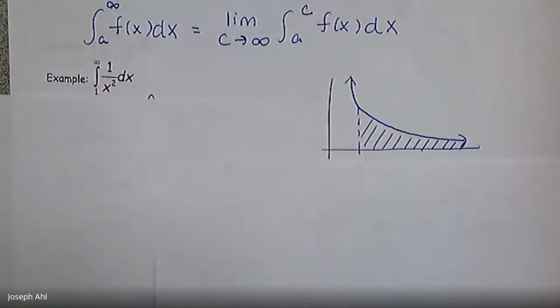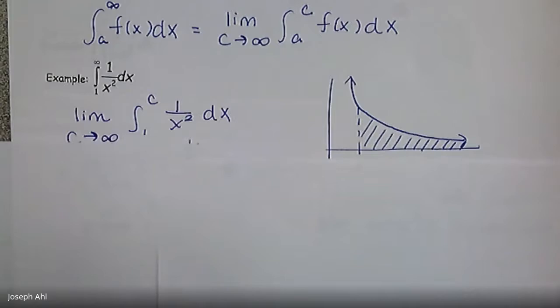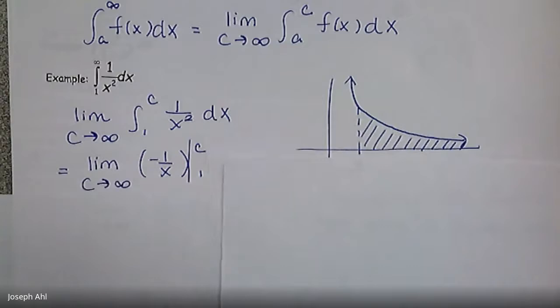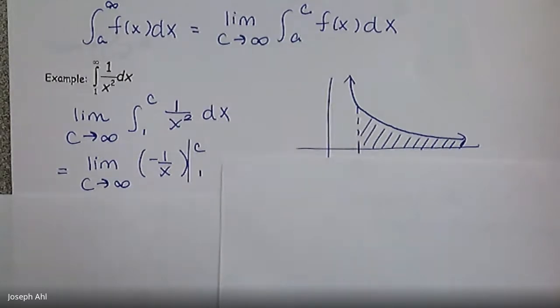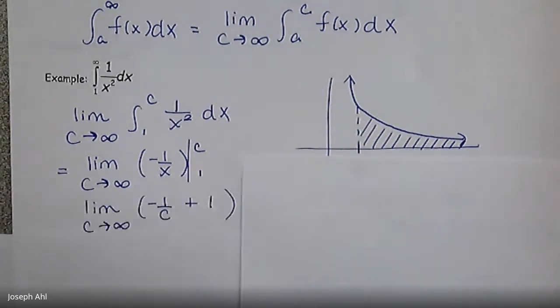And we know the integral of 1 over x squared, it's negative 1 over x if you use some anti-power rule there with x to the negative second. So now we get this in the next step. Limit of c goes to infinity of negative 1 over x. If I plug in the upper bound of c, the lower bound of 1, we get negative 1 over c there. And then when you subtract a negative 1, it's going to become a plus 1 there.